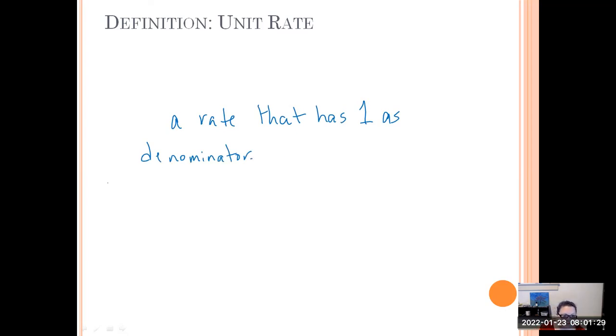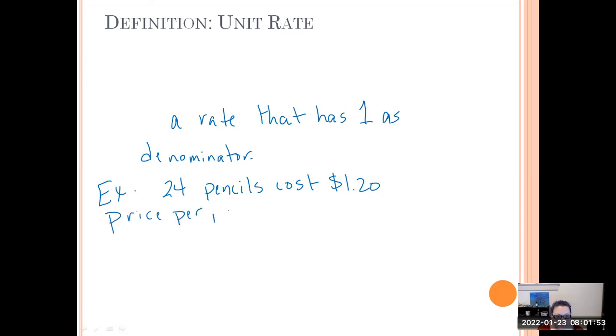So examples of this. Let's do an example. 24 pencils cost $1.20. Price per pencil. So if they tell you price per pencil, what does that look like?